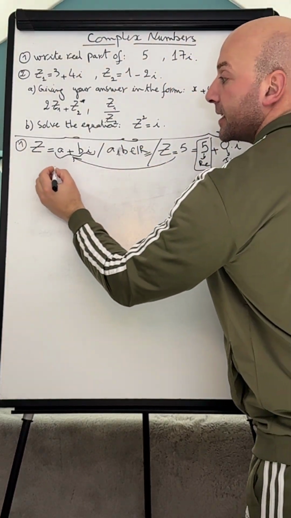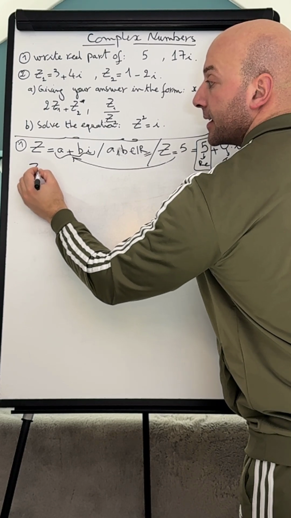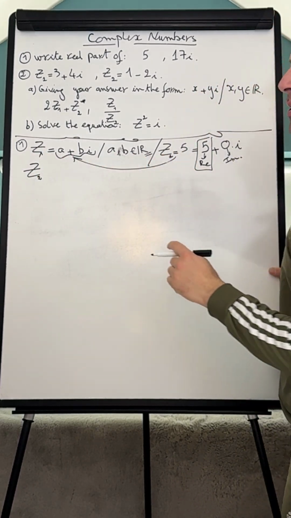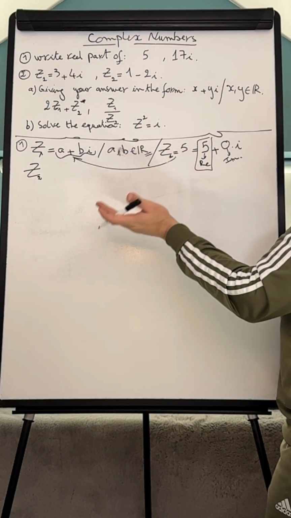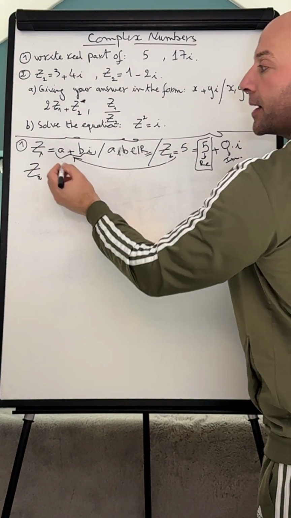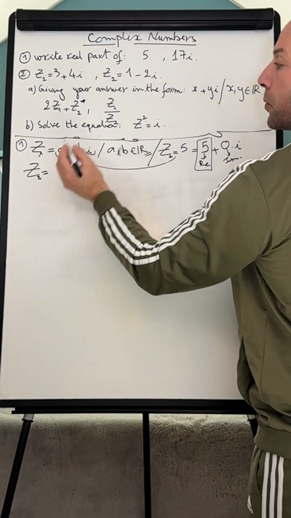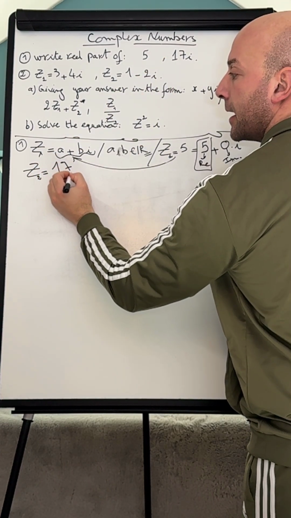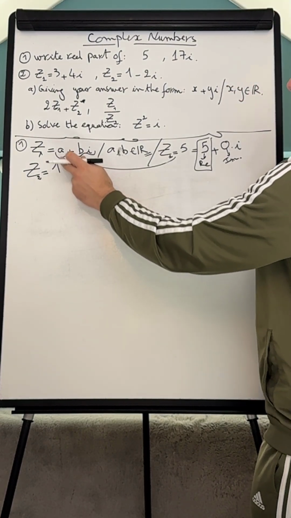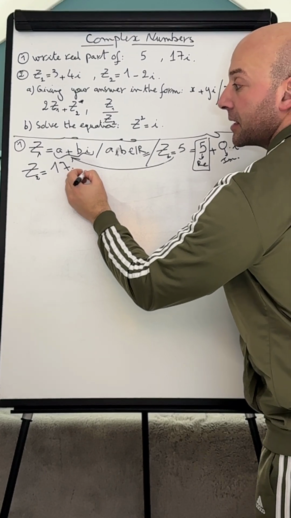Second example, 17i. Let's say this is Z1 and call this Z2, otherwise there's going to be confusion: if we wrote Z and Z, that would mean this equals this, so you have to give it a definition and separation. Z2 equals 17i. How can we write this in terms of a plus b times i? Is that simple?